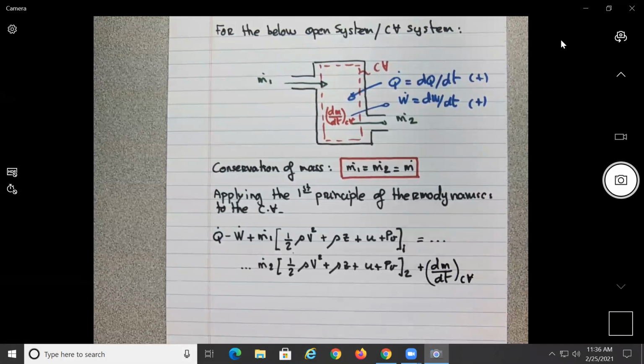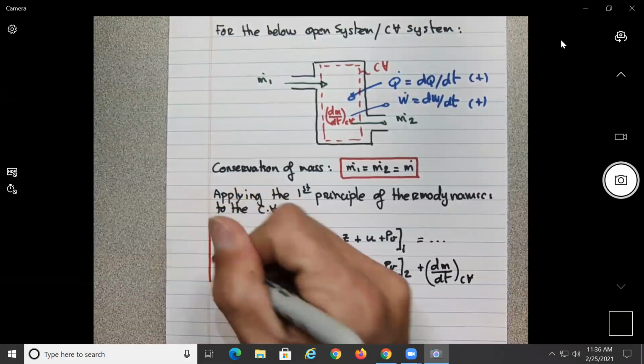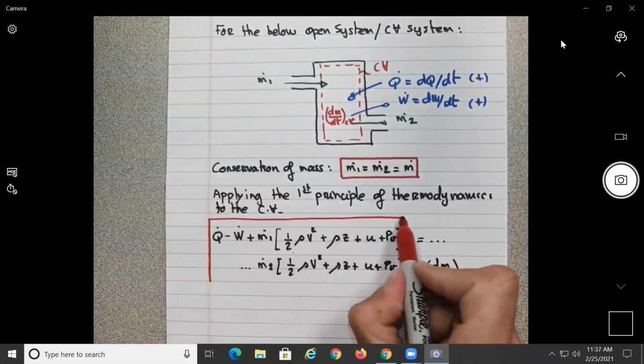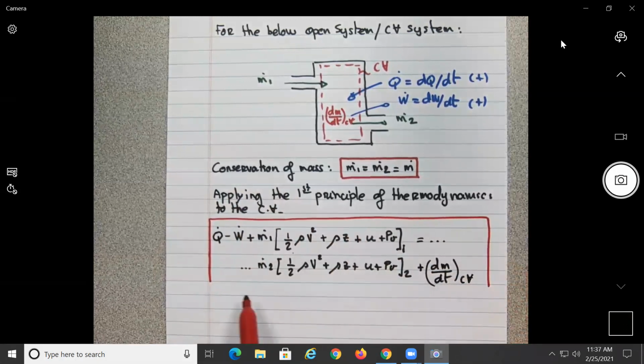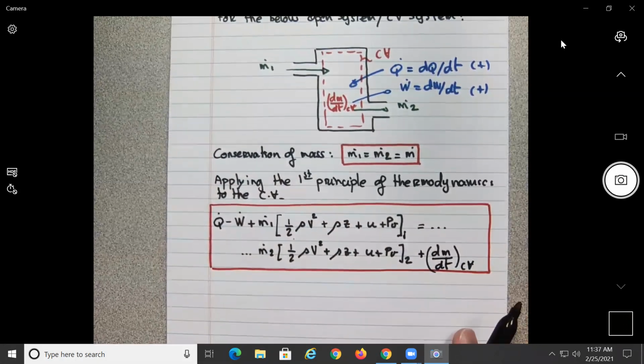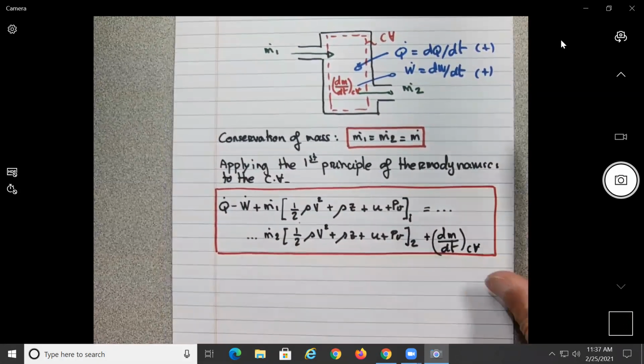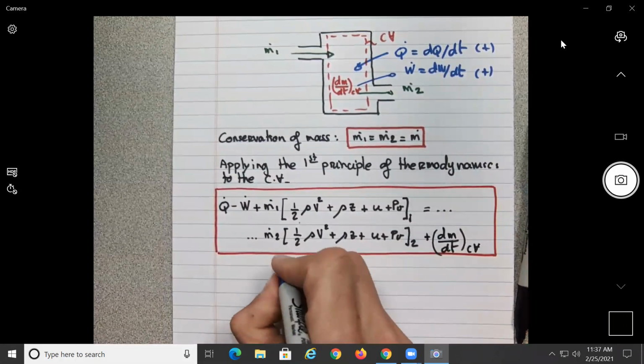So this is a general equation. This is the general form of the first principle of thermodynamics for a control volume.